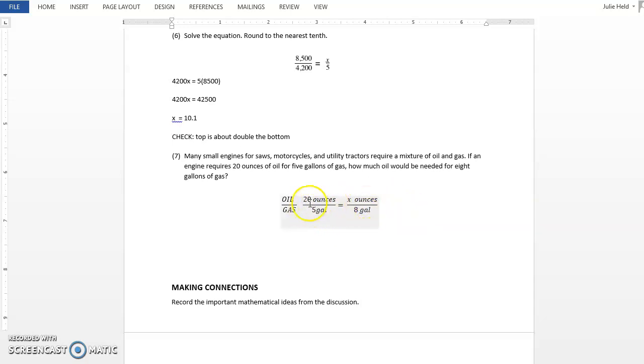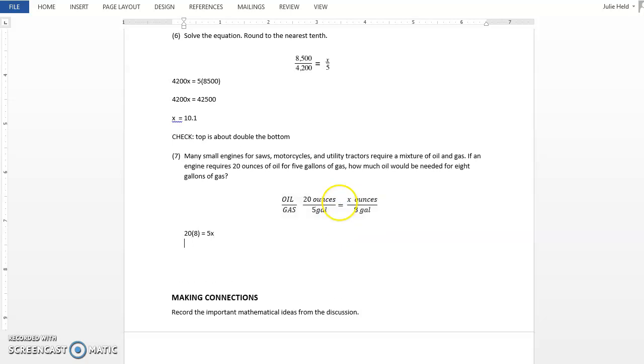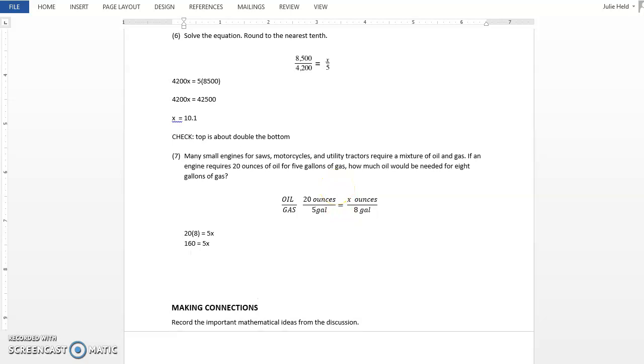Right? So as long as I keep the oil consistent and the gas consistent, I'm good to go. So it looks like 20 times 8 is 5x. So 160 equals 5x. And x will come out whatever you get when you divide 160 by 5.